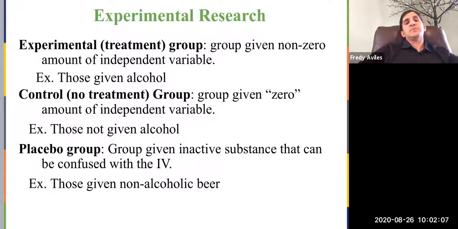Those are the features of an experiment, okay? So you need an independent variable, you need a dependent variable, you need an experimental group, and a control group. You don't always need a placebo group, but if you want a good experiment, if it's possible, you can have one. Let's keep going.